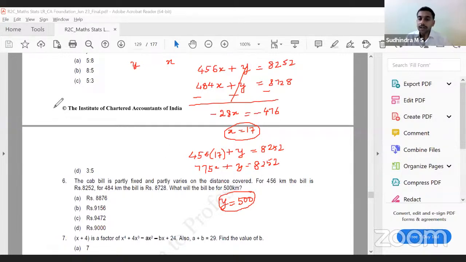So for 500 kilometers, per kilometer it is 17 rupees plus 500 rupees fixed. Correct? 500x plus y.